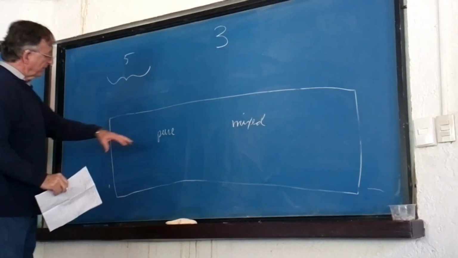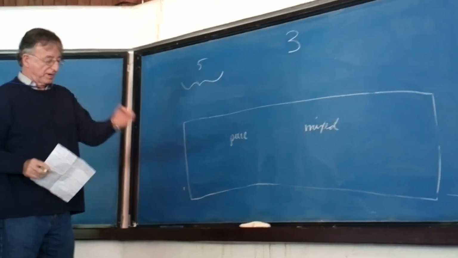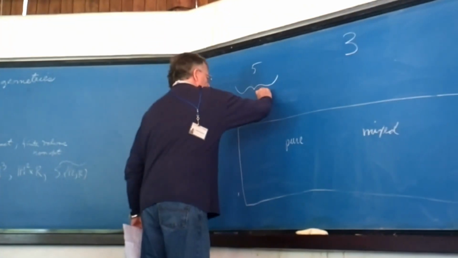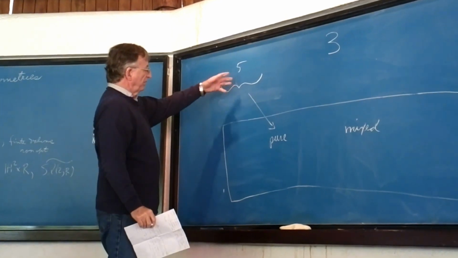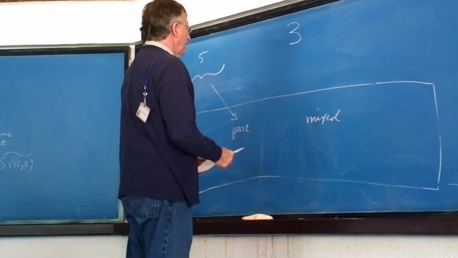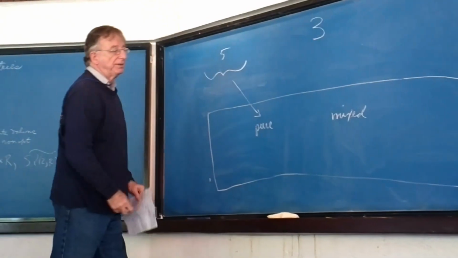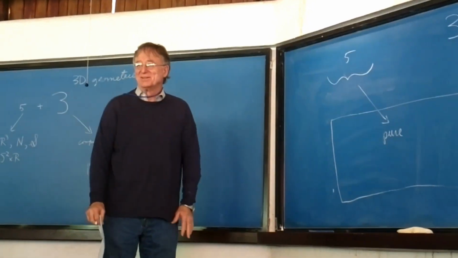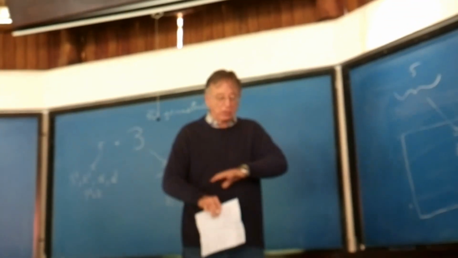Pure means it's a compact manifold, and every point is locally like every other point. That's one of the 8 geometries appearing here. And so, of course, all of these are pure, because if you have one of these geometries, there's no way to get them otherwise. Maybe I should say what mixed is.